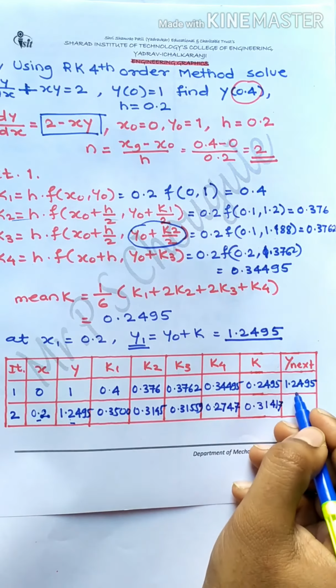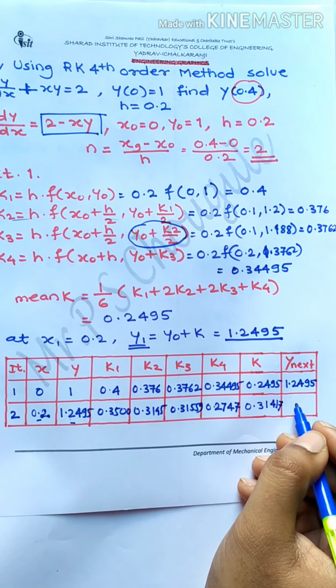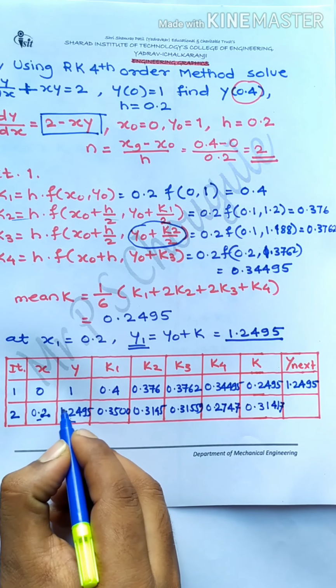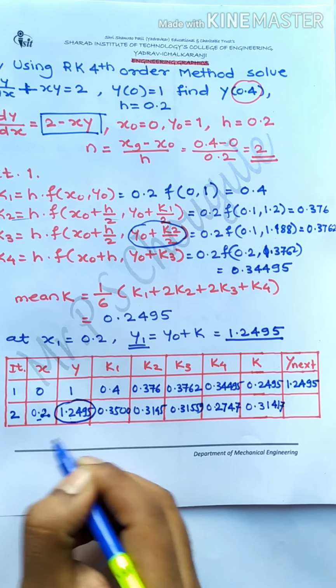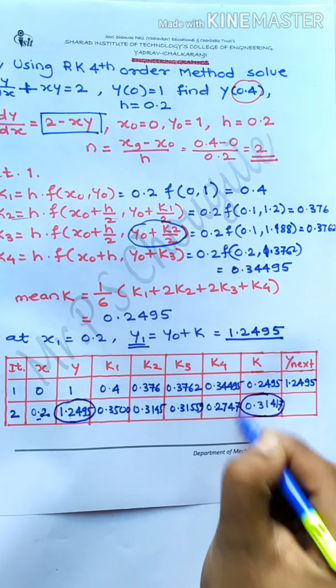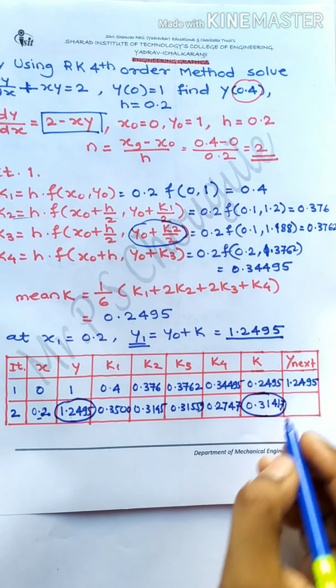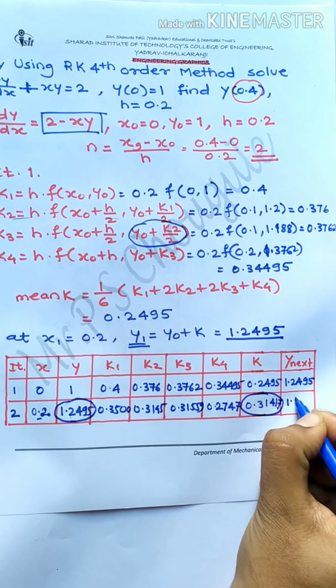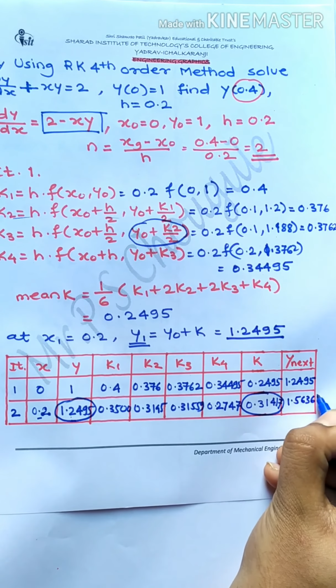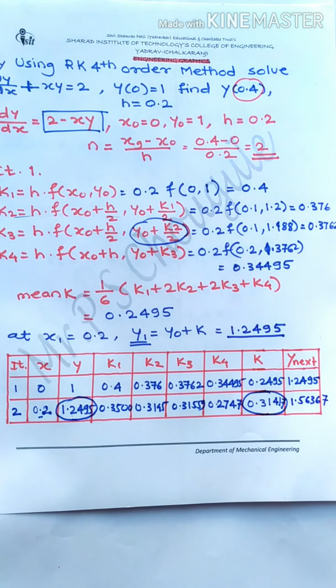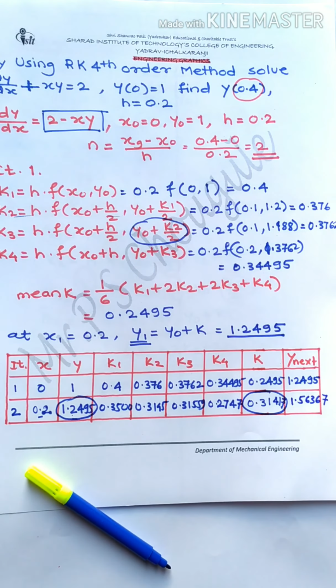So the next value of y, which is equal to the previous value plus this k, will be 1.56367.